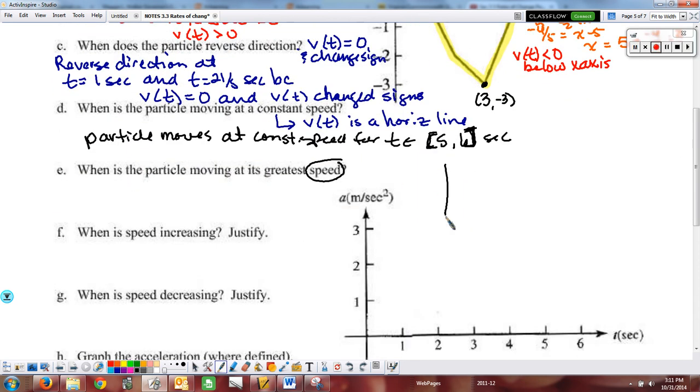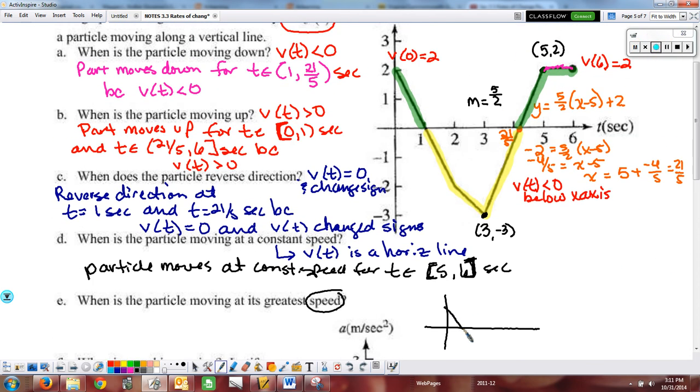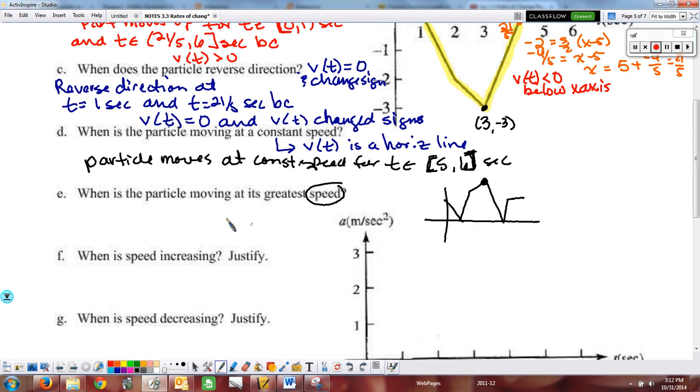You don't always necessarily have to redraw it, but you have to think about this, that it's coming down, and then this section has to get flipped up, and so it will come up, and then come up a little bit more, come back down, and then come up and do our 2 like this. So our maximum speed occurs where the distance from the x-axis is the greatest, and that's going to occur at 3 seconds.